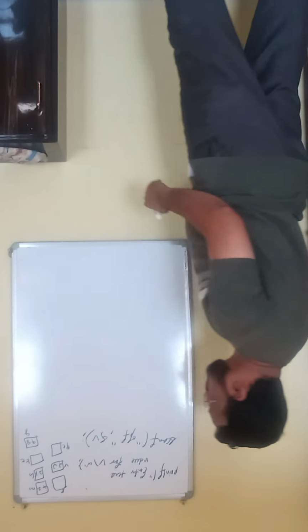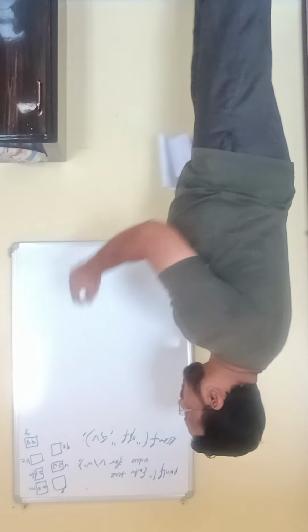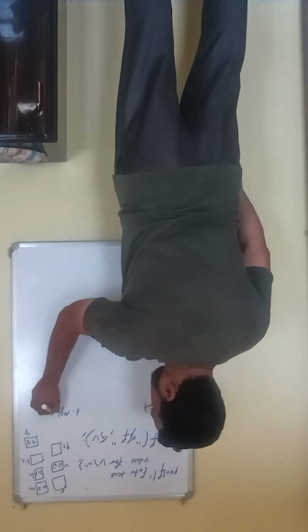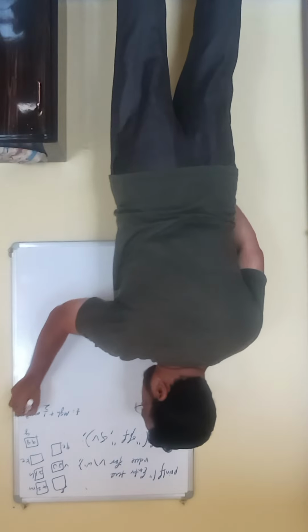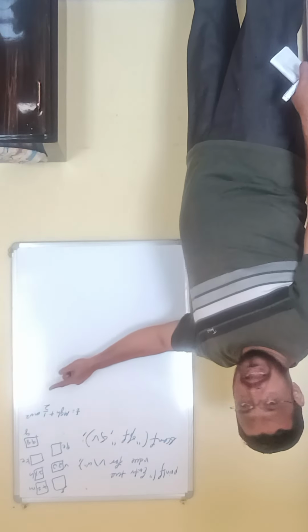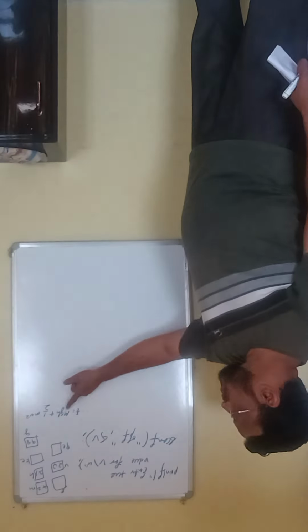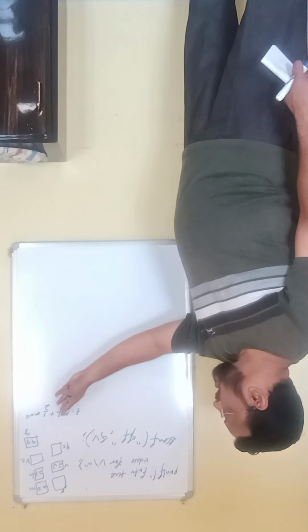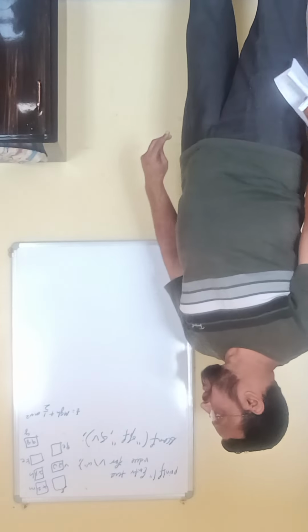Now in the formula, that is mgh plus half mv square. The user has entered the value for m, the value for h, the value for v, and g we already know is gravity, 9.8.